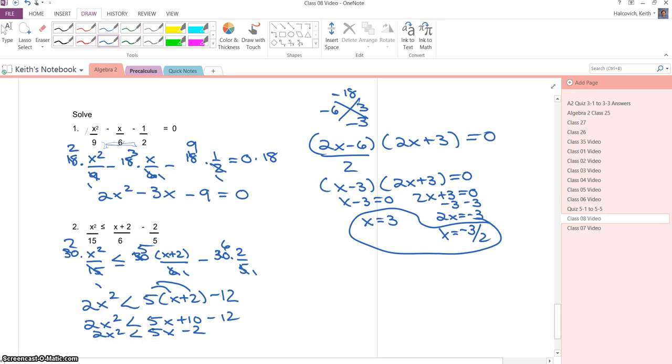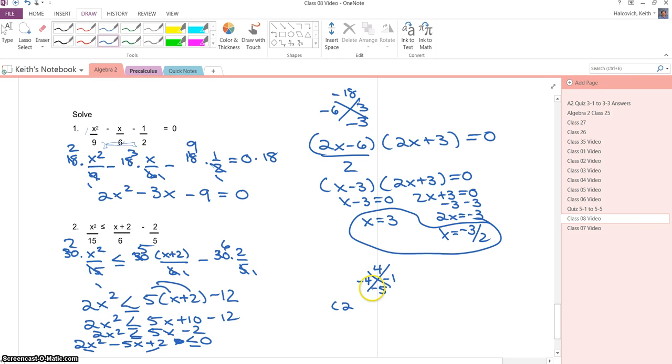Then you bring everything over to the left, so you have 2x squared minus 5x plus 2 is less than 0. Actually, it's less than or equal to, from the original. Now you factor. So the factors of 4, which add to negative 5, are negative 4 and negative 1.